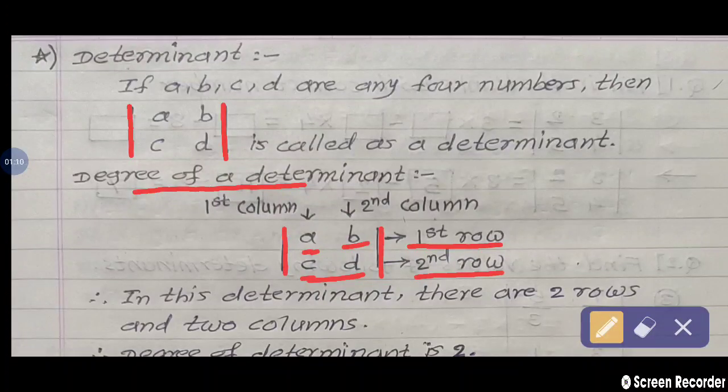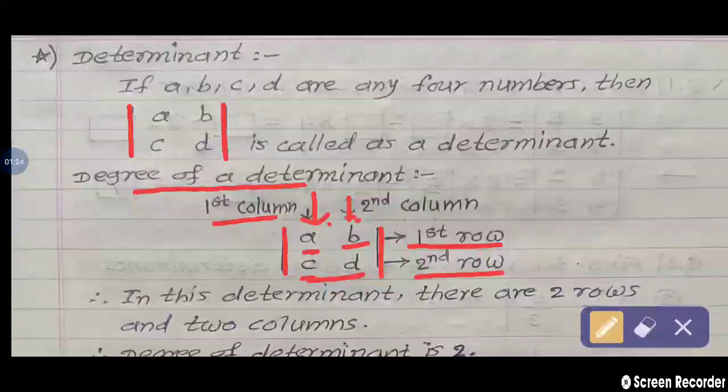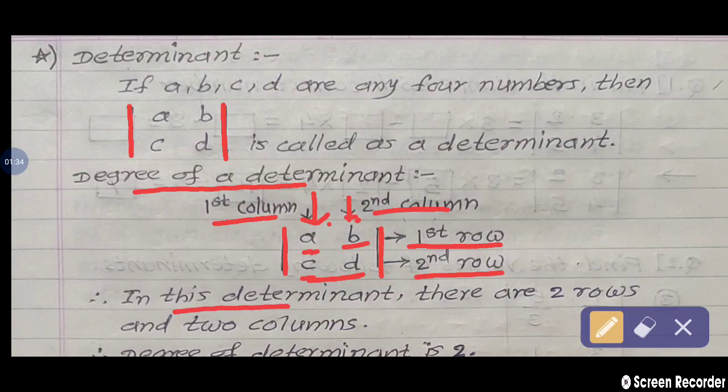Now A and C are present in the first column, and the numbers B and D are present in the second column. So two rows and two columns are present in this determinant.